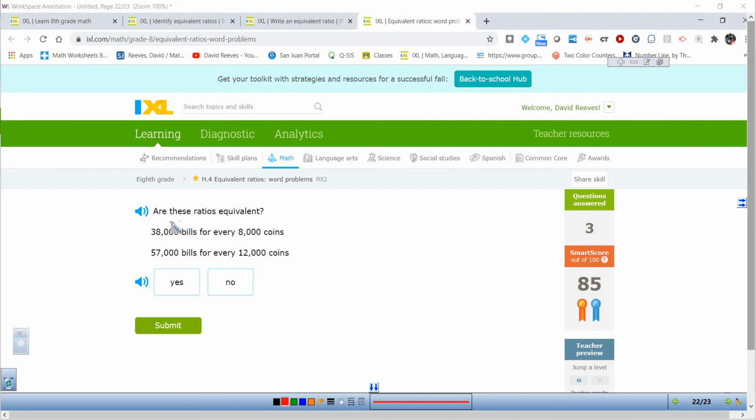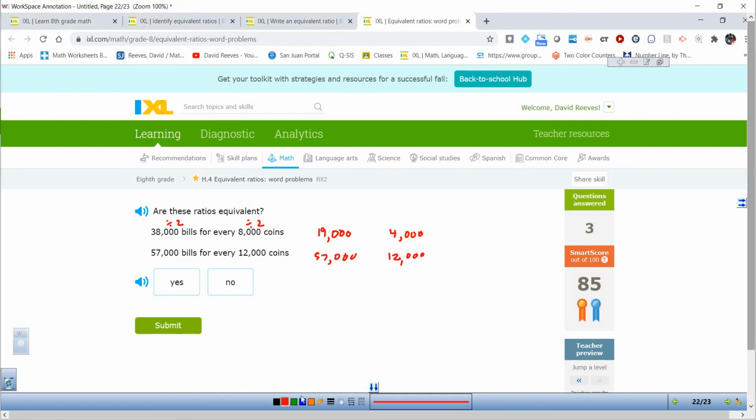Do you agree that I can divide both of these by 2? If I divide both of those by 2, half of 38 is 19, right? And half of 8 is 4. So why does that help me? Because 8 doesn't go into 12, but 4 does. So I'm going to write that bottom one down again.